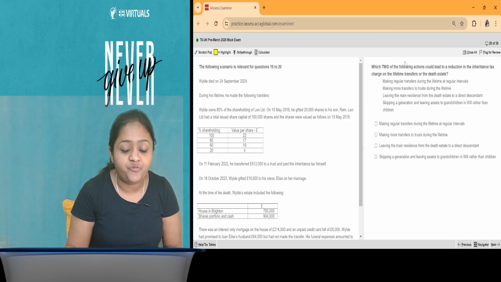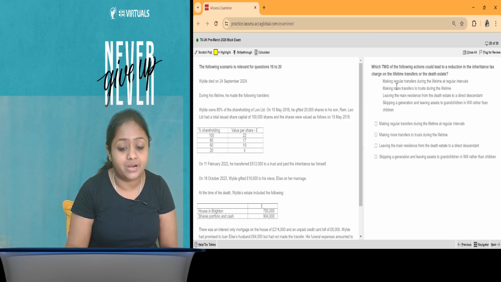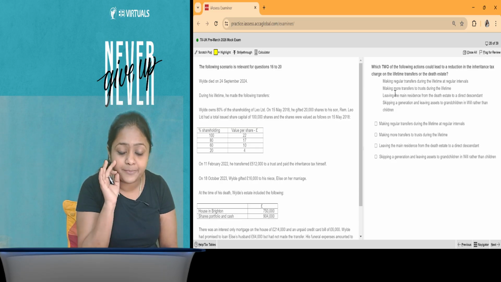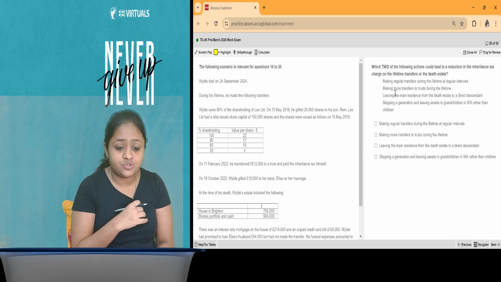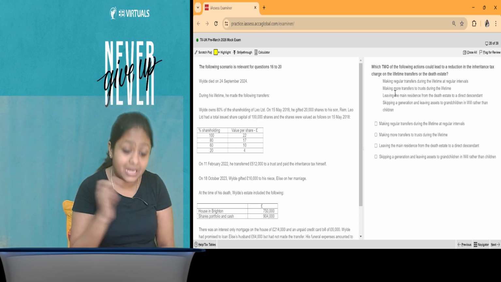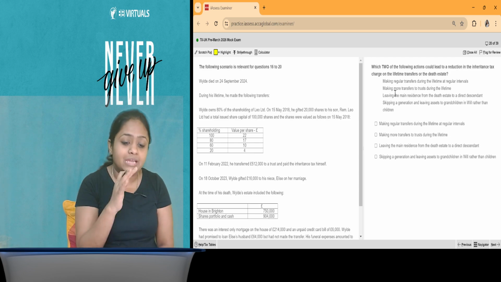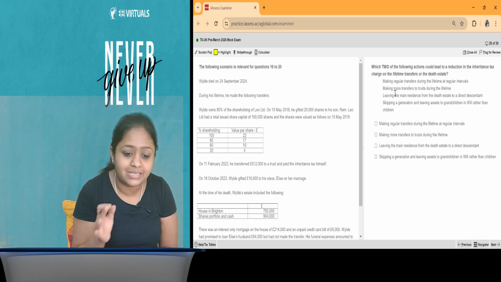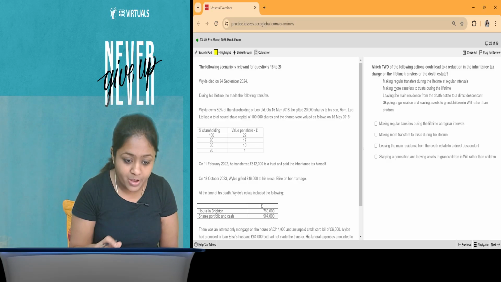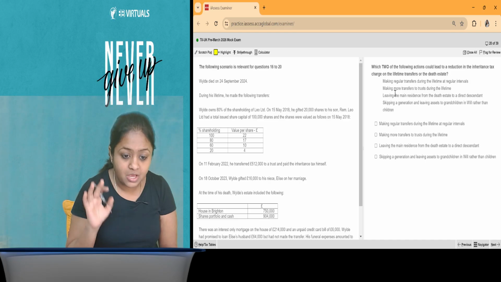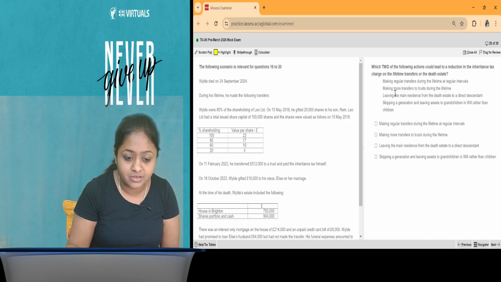Okay, which two of the following actions could lead to a reduction in the inheritance tax charge on the lifetime transfers or the death estate? So both ways where it could lead to a reduction. Number one is making regular transfers during the lifetime at regular intervals.